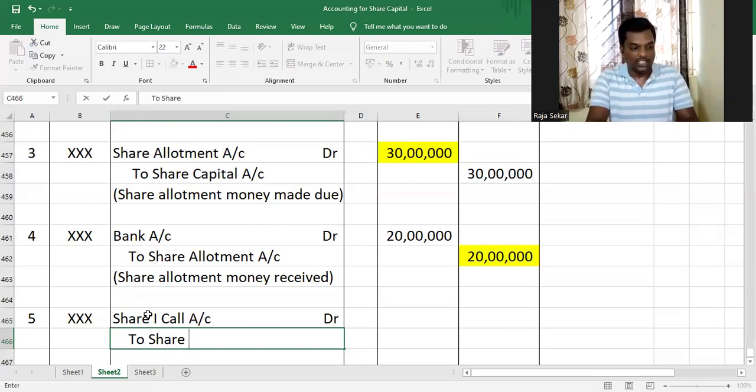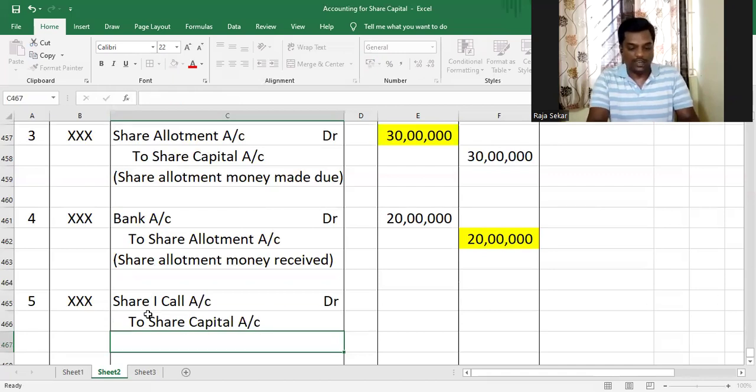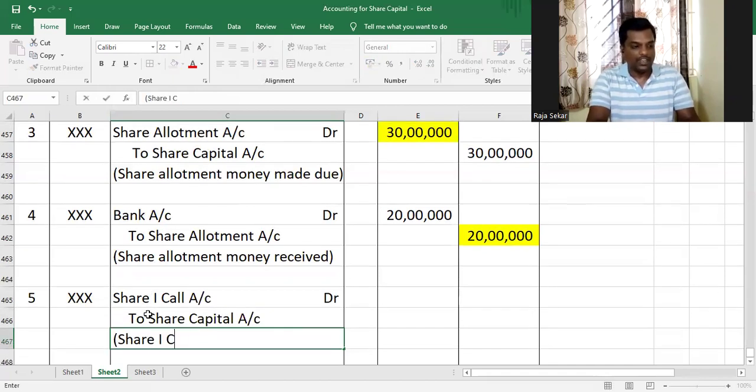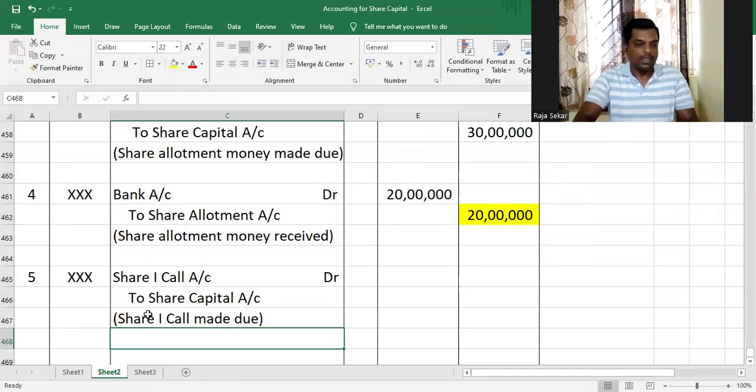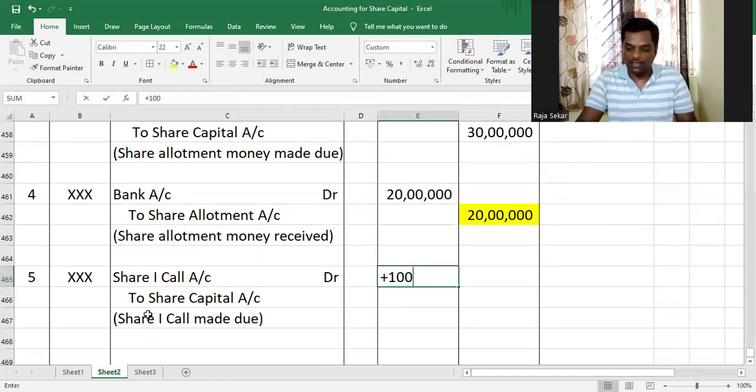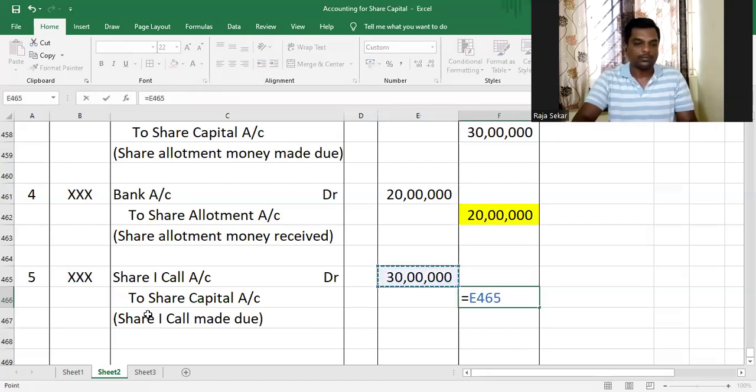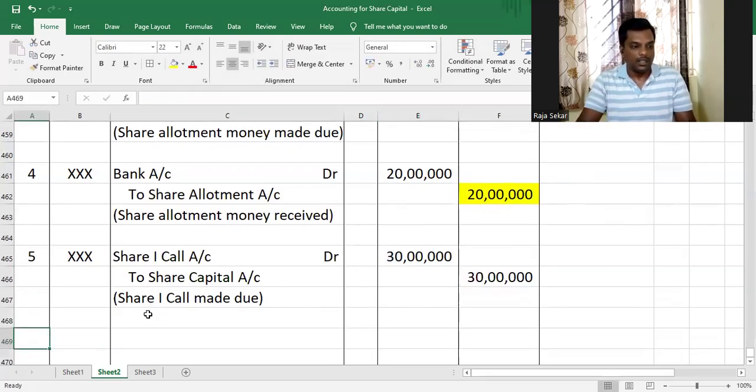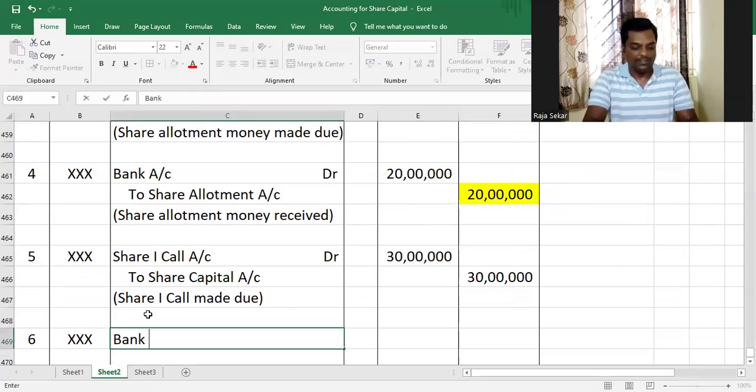So the journal entry will be share first call account debit to share capital account, share first call made due, and the amount would be, my dear children, 1 lakh into 30. And the next journal entry would be to receive first call money.